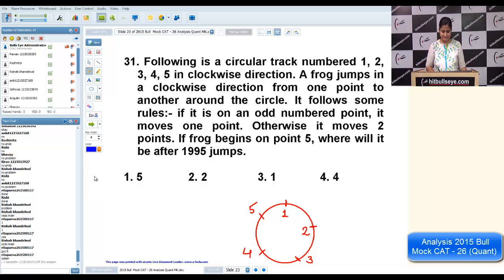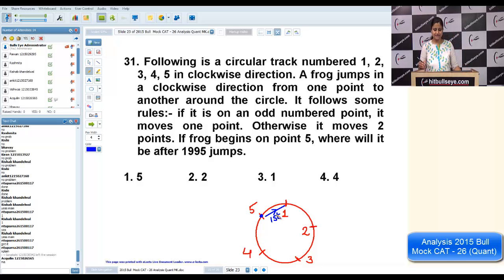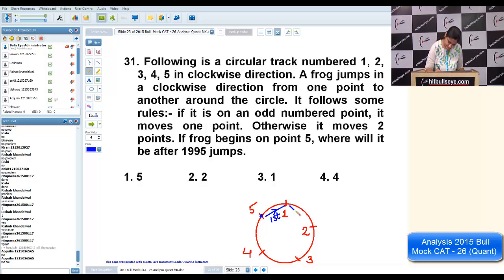Now, see its movement. This is the initial position. Now, 5 is an odd number. It will move in clockwise direction by taking 1 unit jump. That will be the first jump. Now it is at 1. 1 again an odd number, so that will be the second jump in the clockwise direction.